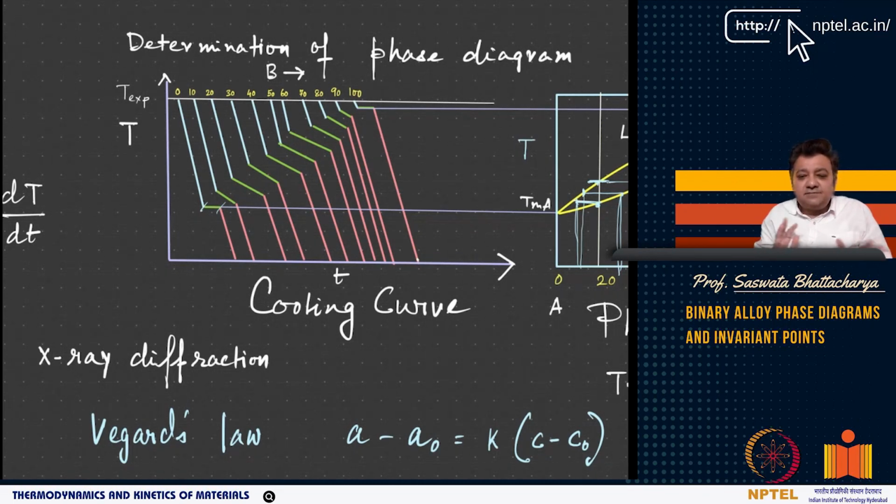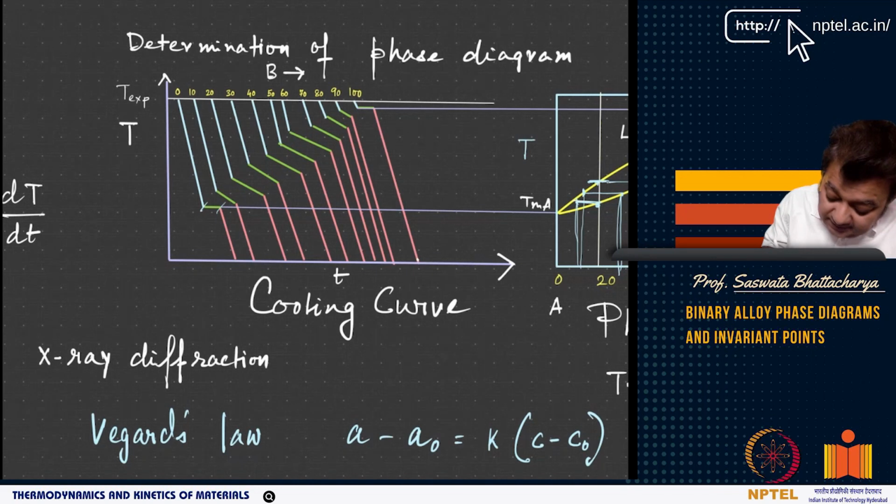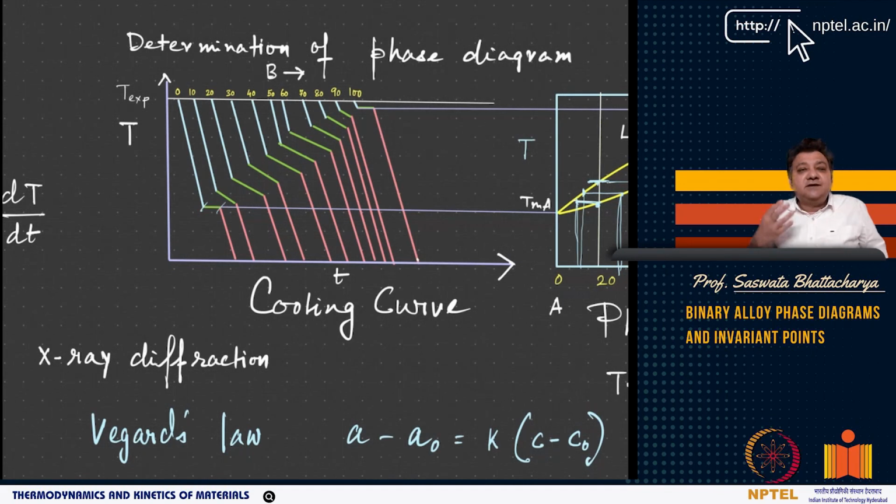So as the latent heat is released, the temperature is increased, and the temperature of the furnace is slowly dropping. As a result, what you see is such a curve here.